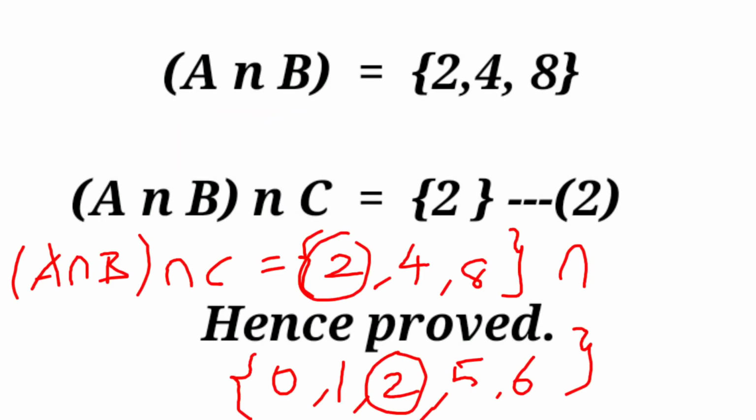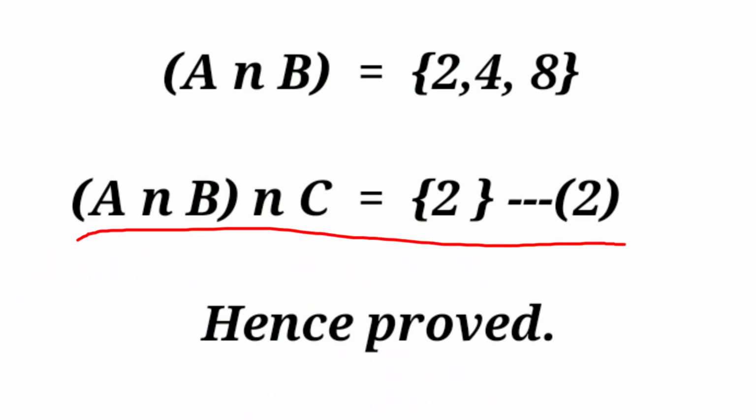Next step, (A intersection B) intersection C is equal to {2, 4, 8} intersection {0, 1, 2, 5, 6}. Here common element is 2. Therefore, (A intersection B) intersection C is equal to 2. That is equation number 2. From 1 and 2, LHS is equal to RHS. Hence it is proved. Thank you.